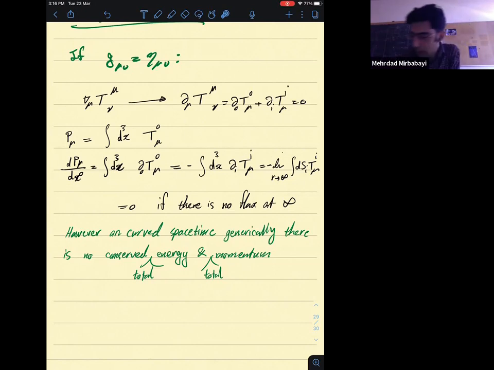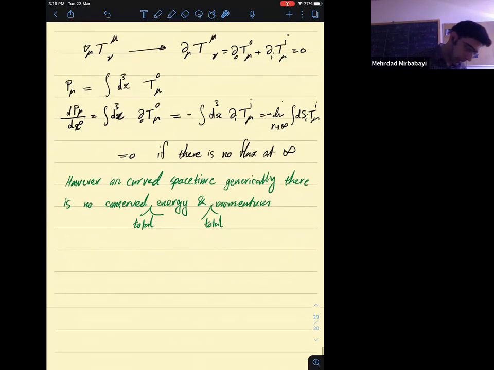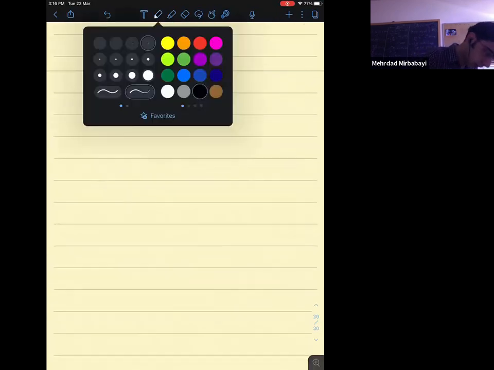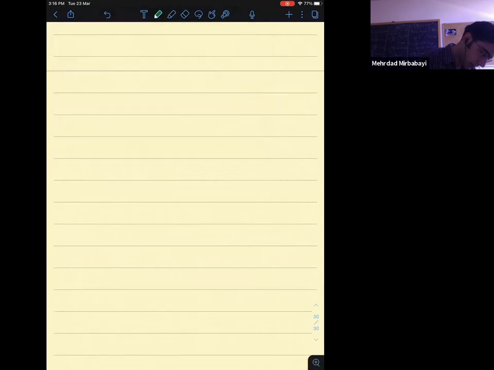And that's exactly what we are going to discuss next. That piece is called the Einstein-Hilbert action, or it will become the Einstein-Hilbert action under some assumptions.